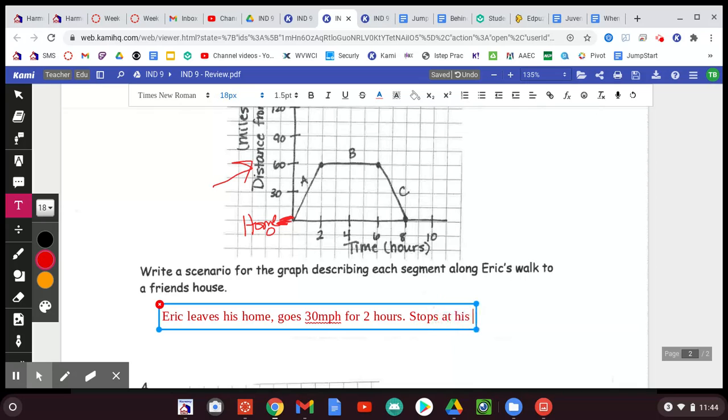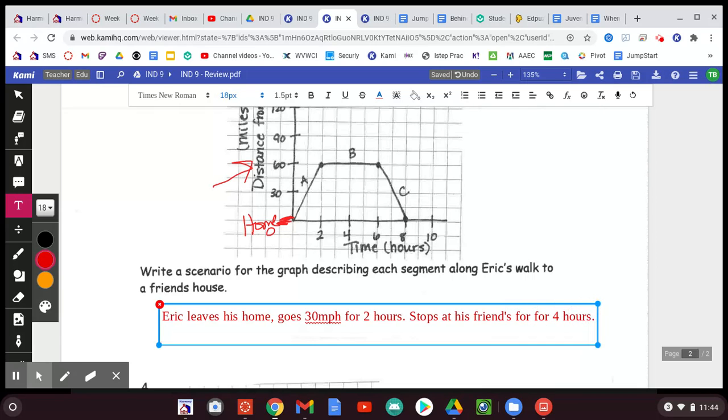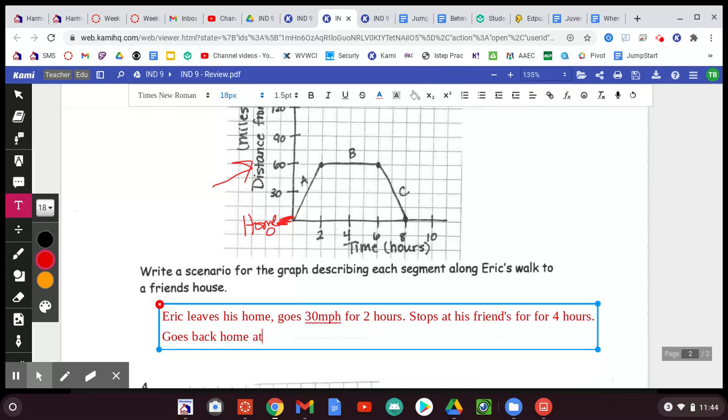Yeah, stops at his friend's house for how long? For 4 hours. And then what? He goes back home at what? 30 miles per hour for how long? For 2 hours. Right? And he arrives home how many hours after he started? 8 hours after beginning. All right.